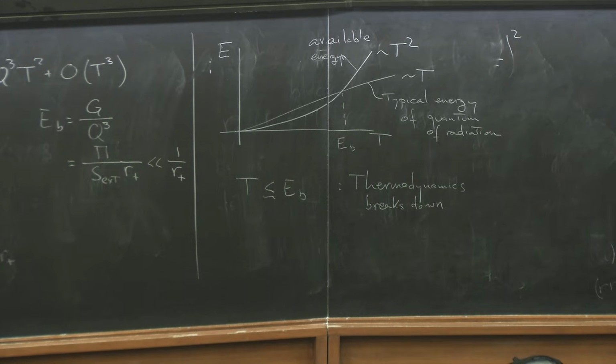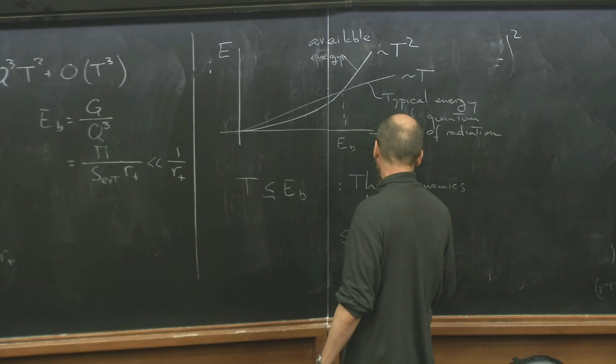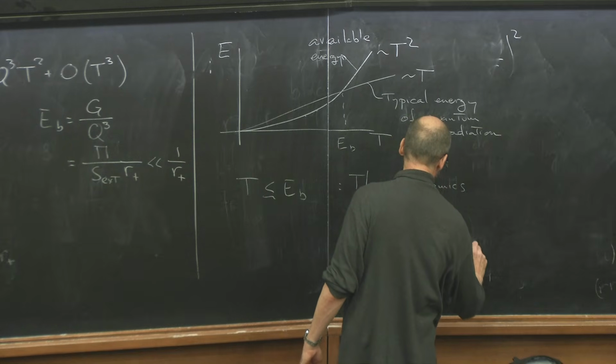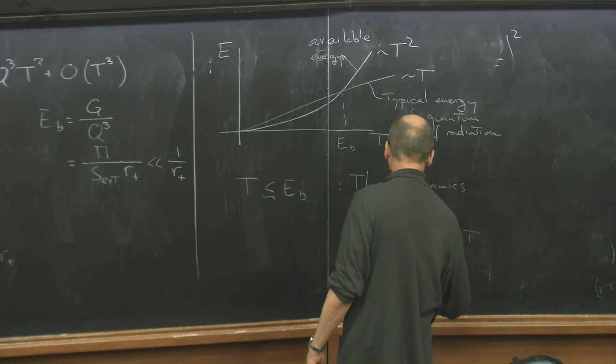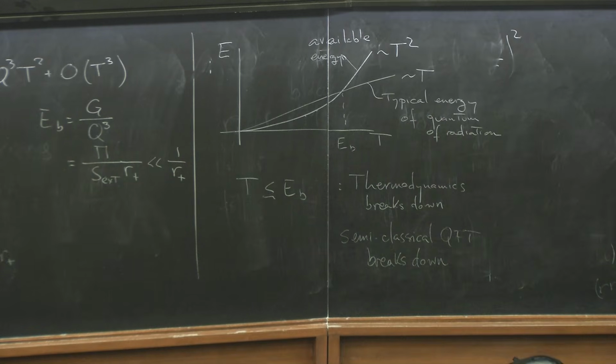Hawking's calculation is based on semi-classical quantum field theory in a fixed background, so semi-classical QFT breaks down. We expect large quantum fluctuations. And this is what the next lectures will be about: how, even if these fluctuations become large, we can still treat them with good control. So I'll stop here, and then we'll continue next day.